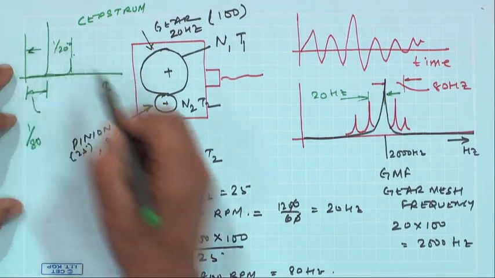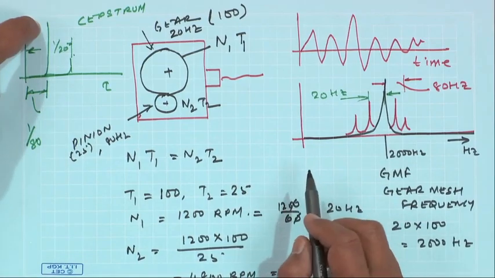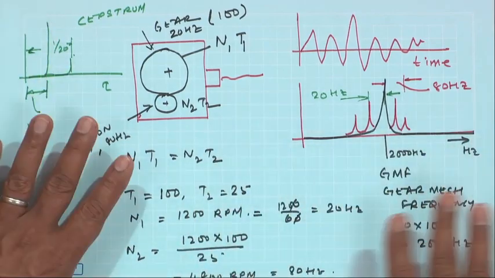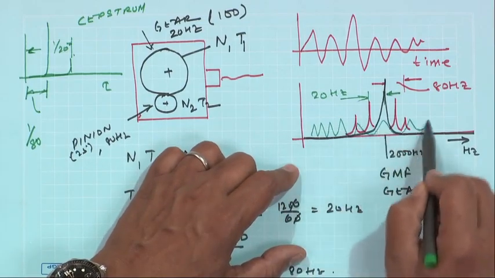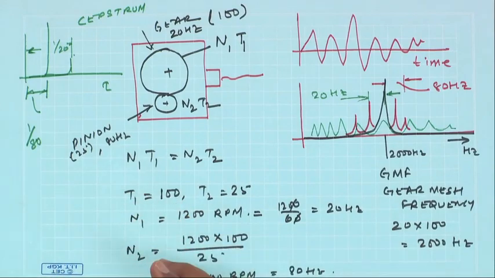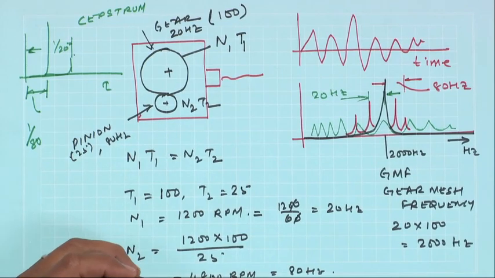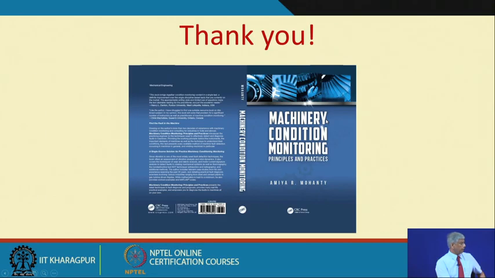I will say, there is a fault at 1 by 80, 80 means our pinion has a fault. So, this is the advantage of Cepstrum, and in the real world this is a very noisy signal like this. So, Cepstrum helps us identify the sidebands in a signal. Okay. Well, there are resources available on this in my book. Thank you.